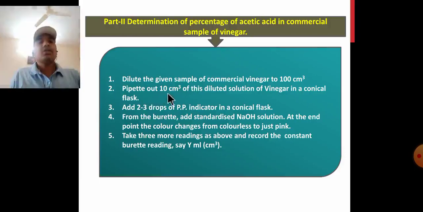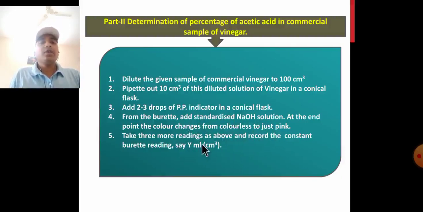Pipette out 10 ml of this diluted solution of vinegar into a conical flask. Add 2 to 3 drops of phenolphthalein indicator to the conical flask. Then from the burette, add standardized NaOH solution. At the end point, the color changes from colorless to just pink.